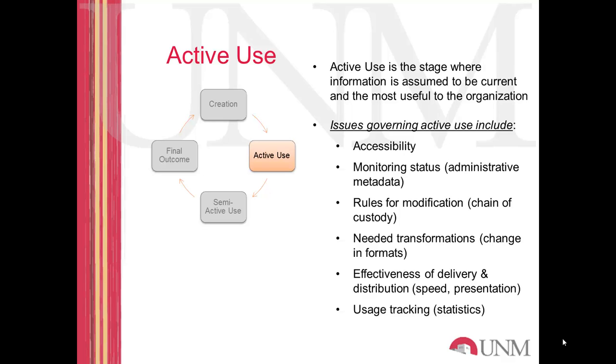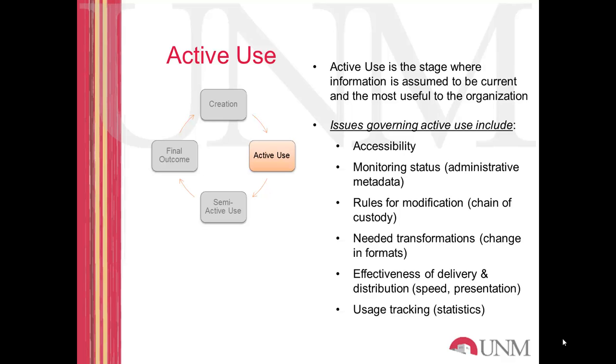Now, active information may not be in its final form. It may be a draft, it may be an early version of a final product, like a research paper, for example. So each piece of information that we're going to track through the lifespan needs to have a status.